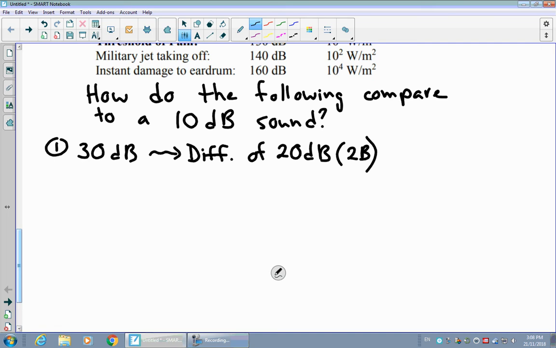And each time we go up by 1 bell, we go up by 1 power of 10. So going up by 2 bells, or 20 decibels, is like going up by 2 powers of 10. So really this is like 10 to the power of 2, or in other words, 100 times more intense.